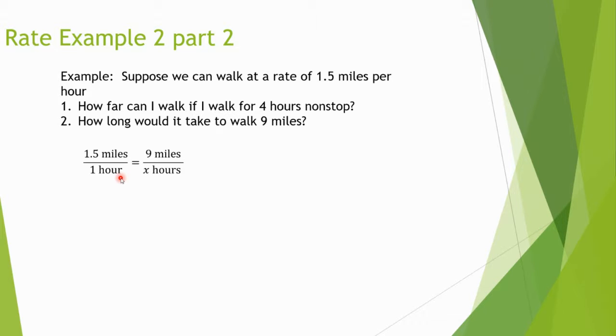Okay, all right, so from here, what do we do? Well, we can cancel the units, and then we just have to cross multiply. So from here, we get x times 1.5 is 9 times 1, like so. Because again, we want to get x, so we divide by 1.5.